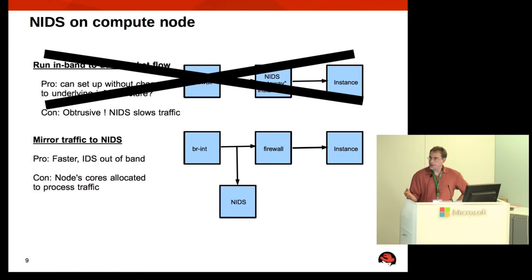So given what we just saw, the plumbing of the internals of a cloud, where would you want to plug in a network intrusion detection system? Well, one idea would be in between that firewall that we just saw a moment ago and the instance.